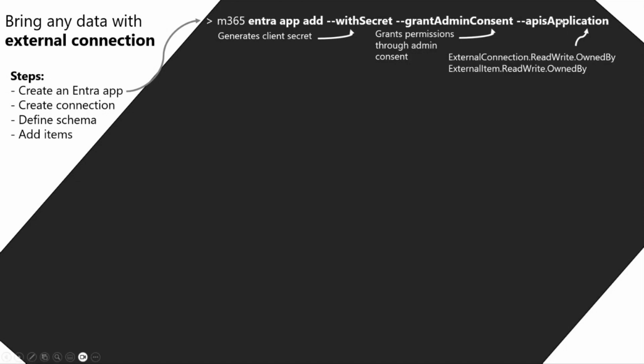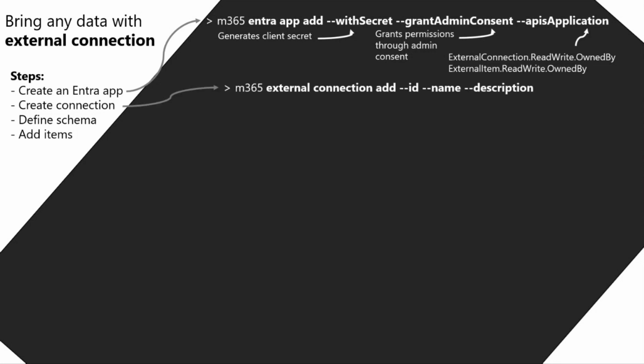The option apisApplication is a list of application permissions. The grant admin consent flag ensures that permissions are granted through the admin consent, and the option withSecret will generate a new client secret, which can be used later for authorization.